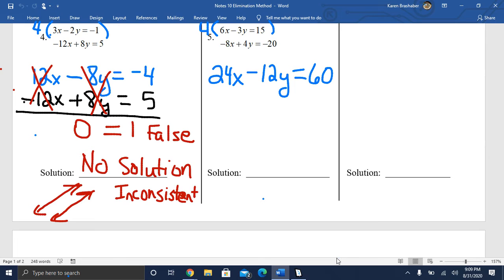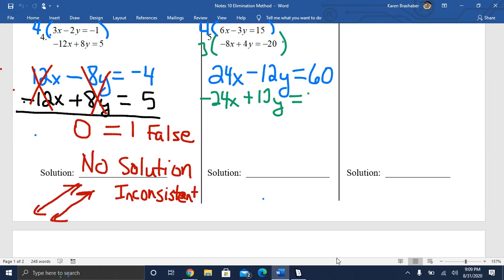And then remember, I'm focusing on trying to get a 12 for my y. And I need it to be positive 12y. I'll multiply by 3. So 3 times negative 8x, that's negative 24x. 3 times 4y, that's positive 12y.